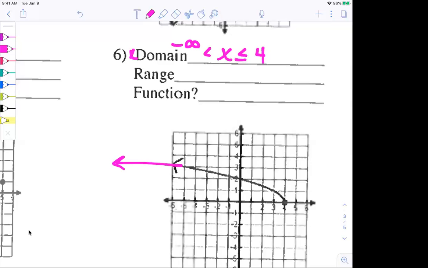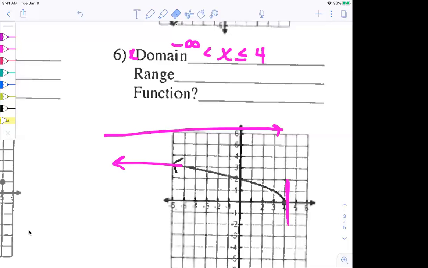So you could have also said -infinity because that's the number it's starting at, is less than x, and then it stops at the x value of 4. So that's why x is less than or equal to 4 is in the domain. But you could have also said negative infinity is less than x, which is less than or equal to 4. That would have been okay too. But the graph is stopping at 4. It's not going past 4. So that has to be my last number of my domain.